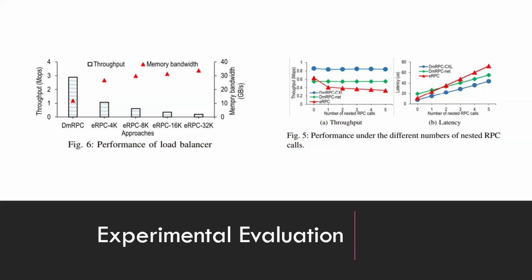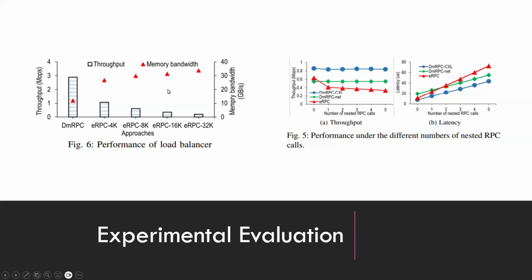So they observed DmRPC delivers the highest throughput and occupies the lowest memory bandwidth because DmRPC only forwards reference rather than data. Here eRPC forwards data, 4K to 32K, in the load balancer server. And the result indicates DM-aware global address space can alleviate the memory bandwidth pressure on load balancer servers that run data mover applications and achieve higher request rate on these servers.